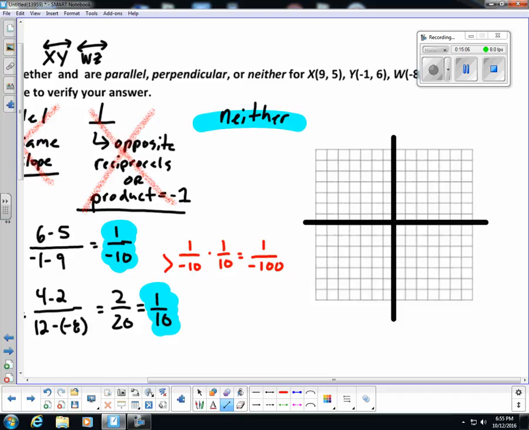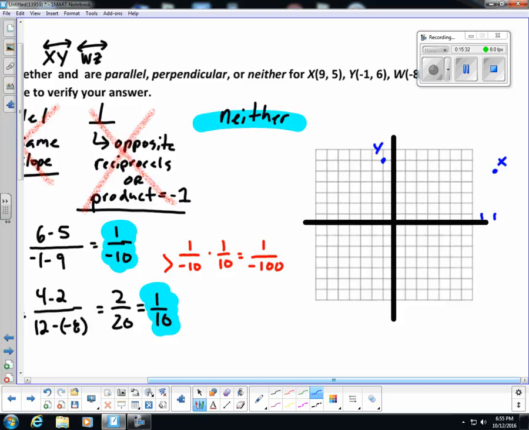Now when I graph here, XY first, 9, 5. I'm going to end up off the graph, but that's life. 1, 2, 3, 4, 5, 6, 7, 8, 9, and then up 5. 1, 2, 3, 4, 5. So there's point X. Y is at -1, 6.